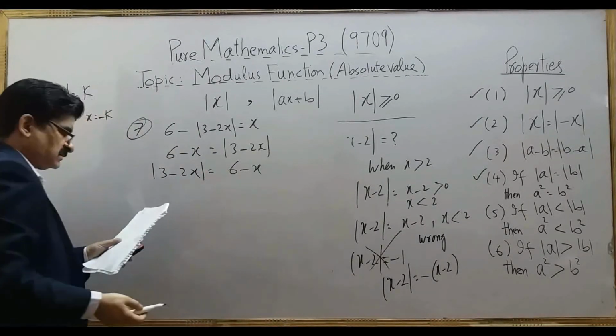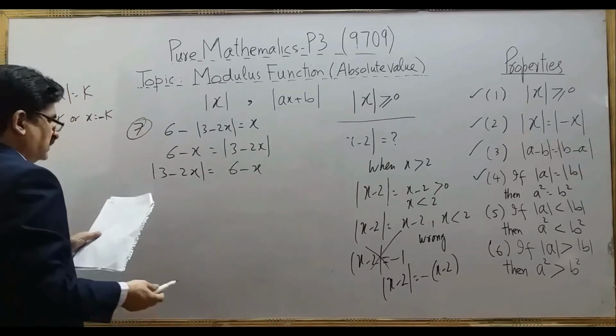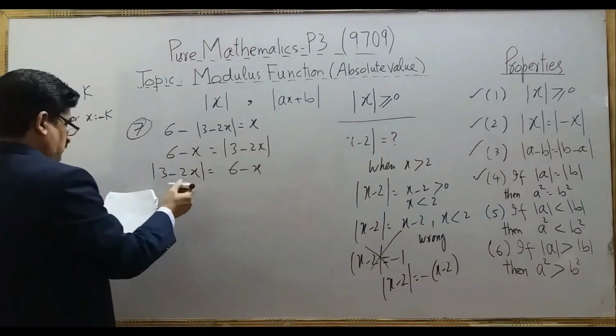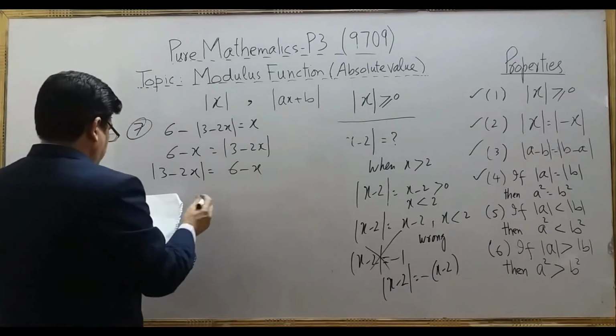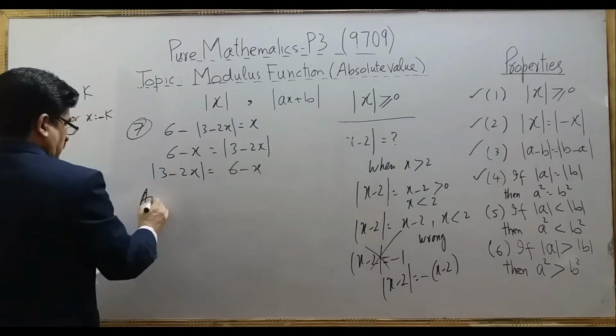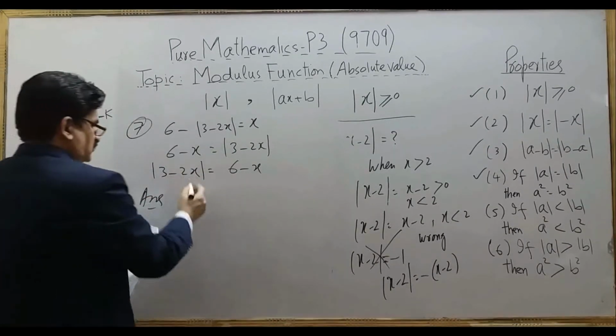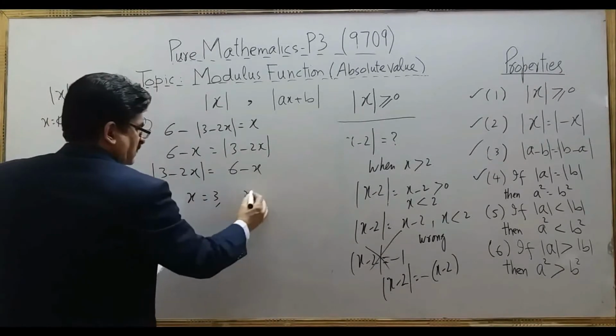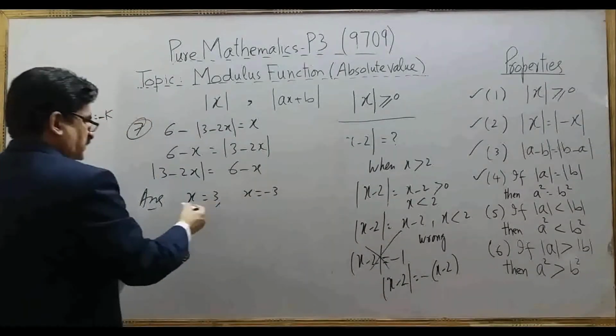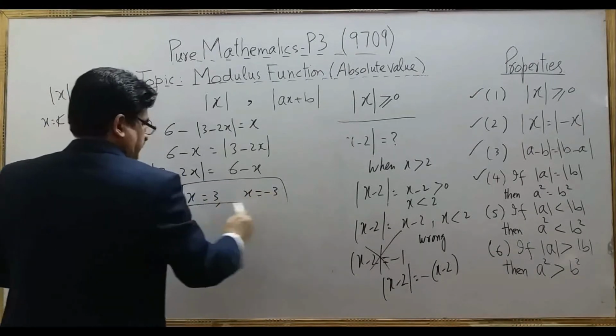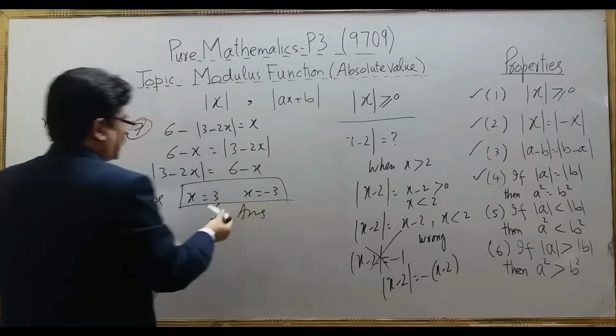So you solve it yourself, and you'll see that we'll have the answer. I'm leaving it for you, do it yourself. I'm saving time. So both of these are your answer, both satisfy, as you can check.